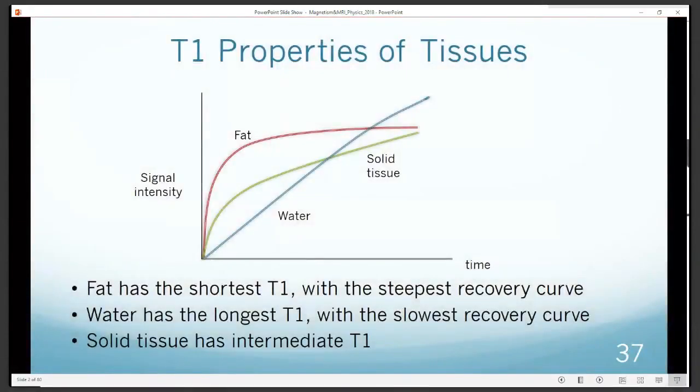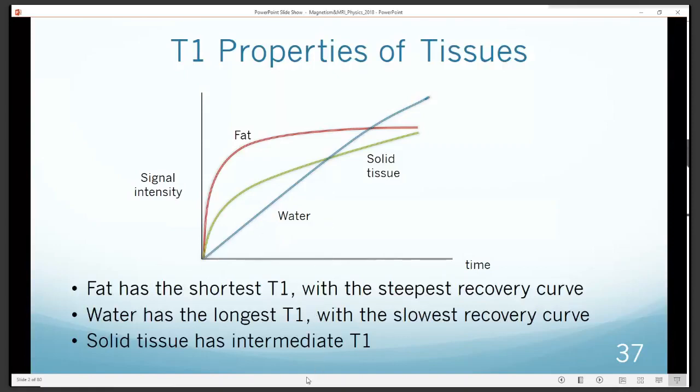And like the T2 of tissues, the T1 of tissues are different for different tissues. On the extremes are water, which has a very long T1, and fat that has a very short T1, and other tissues are in between those.